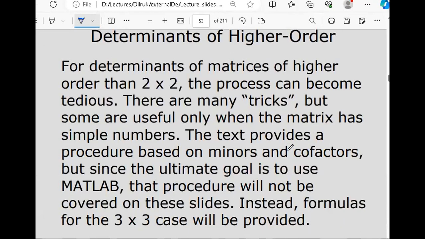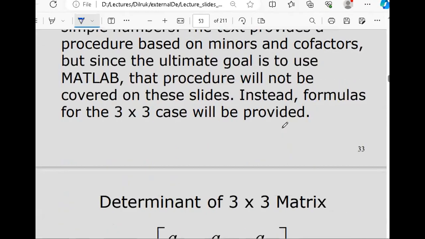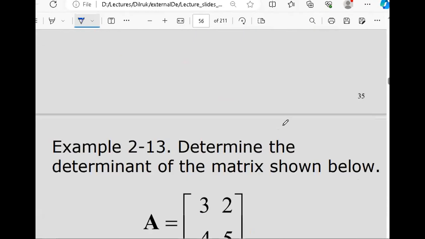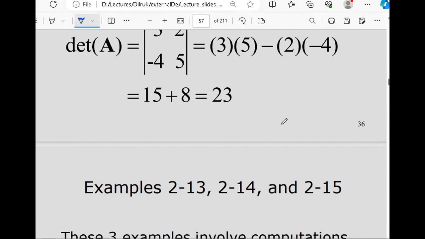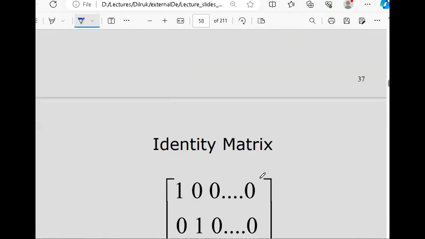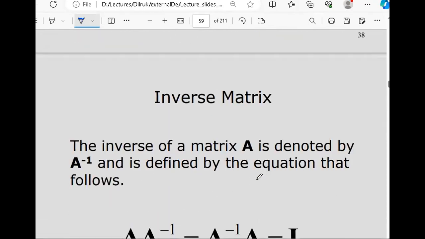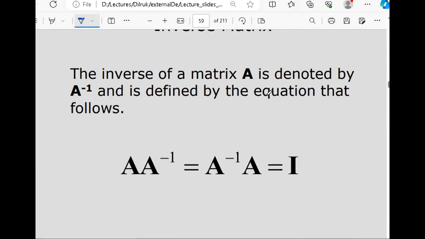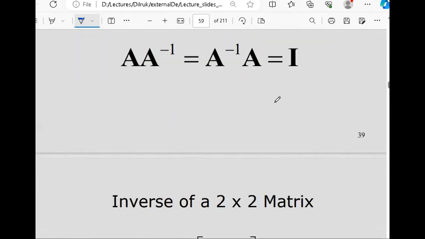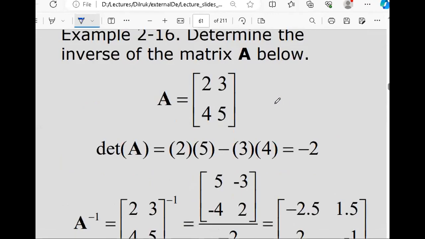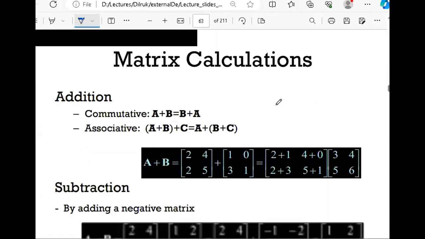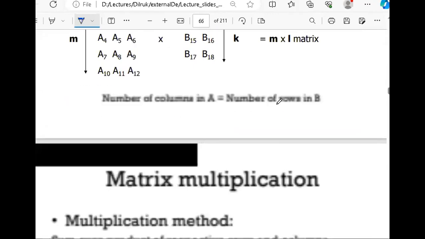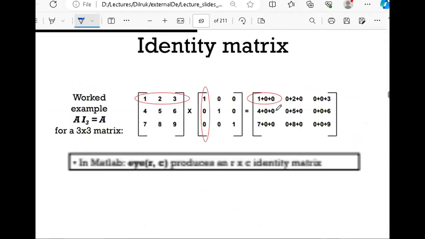These are basic things you need to know to follow how to solve a linear system of linear equations.